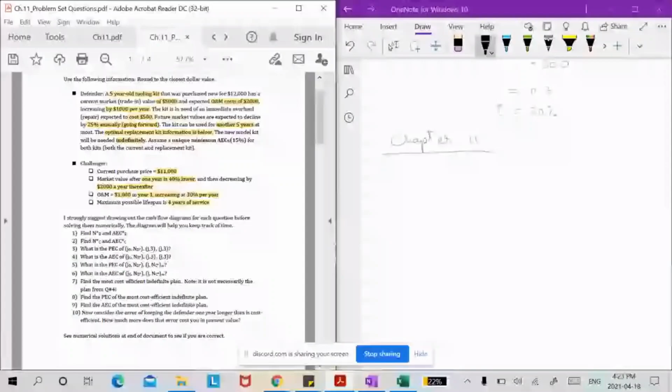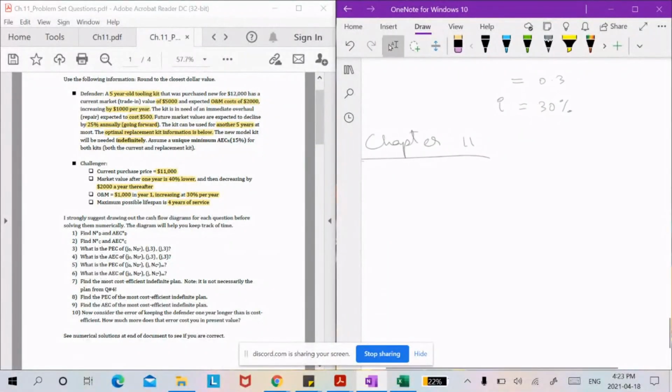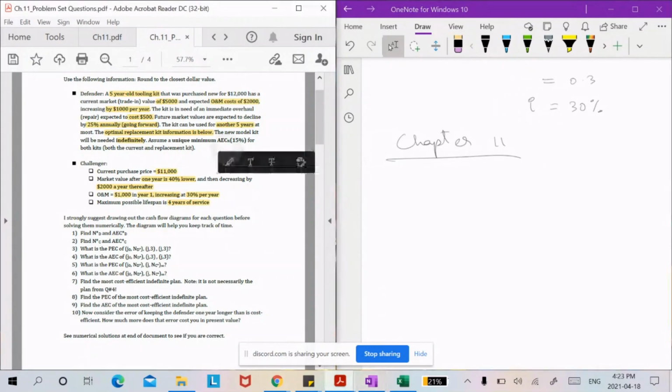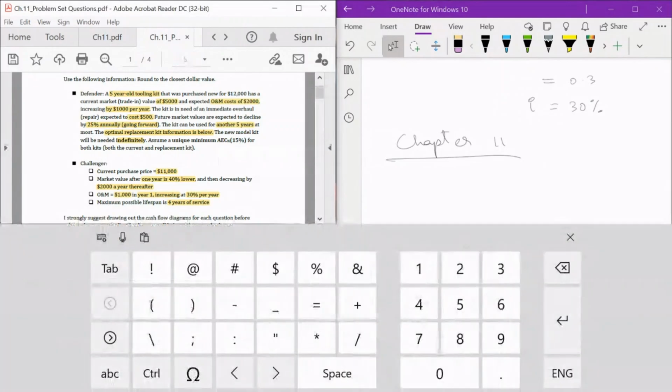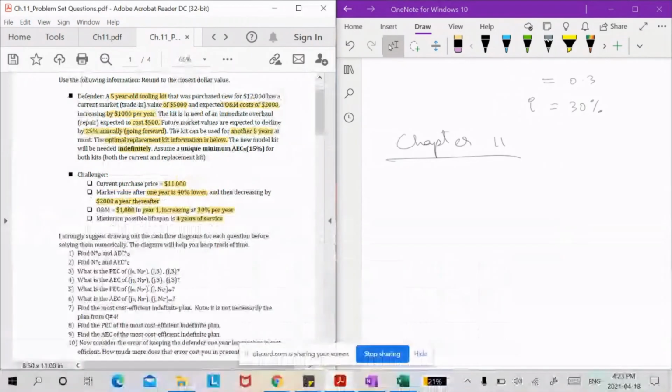Your screen's a bit pixely. No, it's good. You might want to zoom in on the PDF a bit. Now? Yeah, now it's more clear.